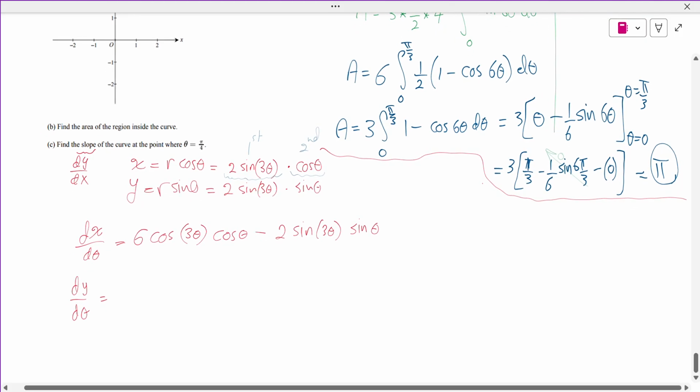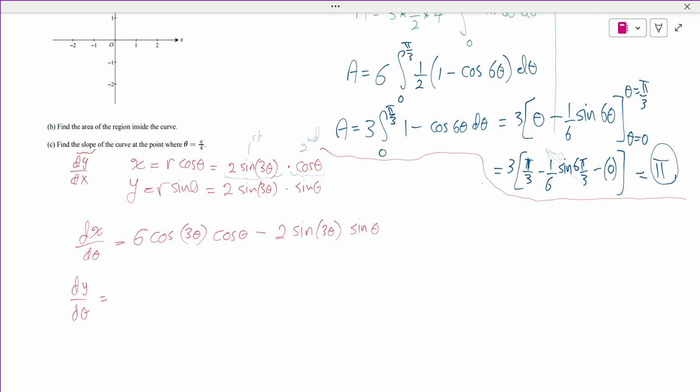Okay. And let's do the same for the second one. So that is going to be 6 cos of 3 theta. Leave the second, sine of theta, not sine of 3 theta.